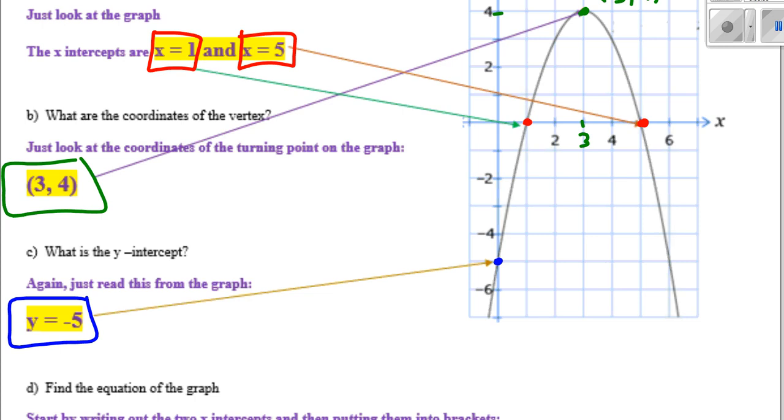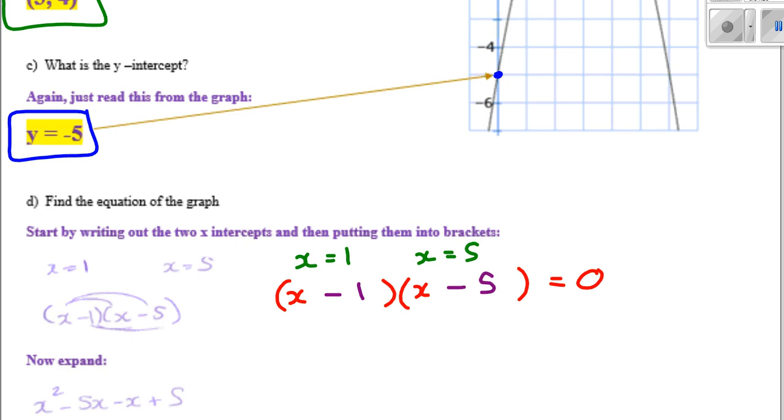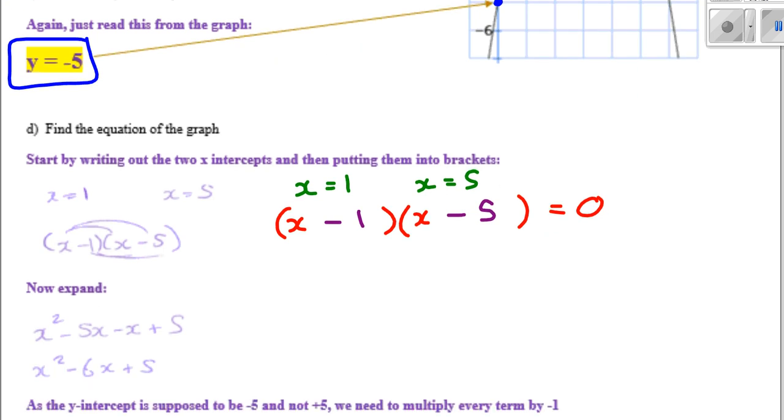Doing reverse solving, x equals 1 in a bracket would have been x minus 1, because x minus 1 equals 0, so x equals 1. x equals 5 would have been x minus 5, because if x minus 5 equals 0, x equals 5. Technically that could be your equation for the graph.